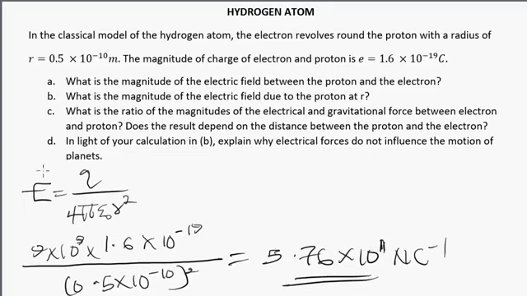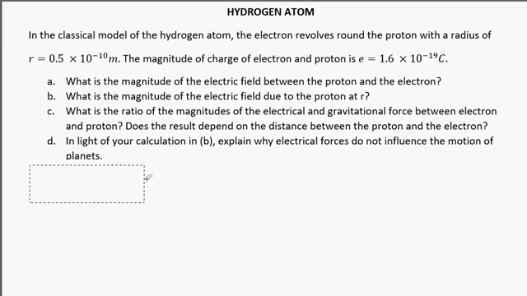I'll wipe this and then check the third question. The third question says, what is the ratio of the magnitude of the electrical and gravitational force between the electrons?